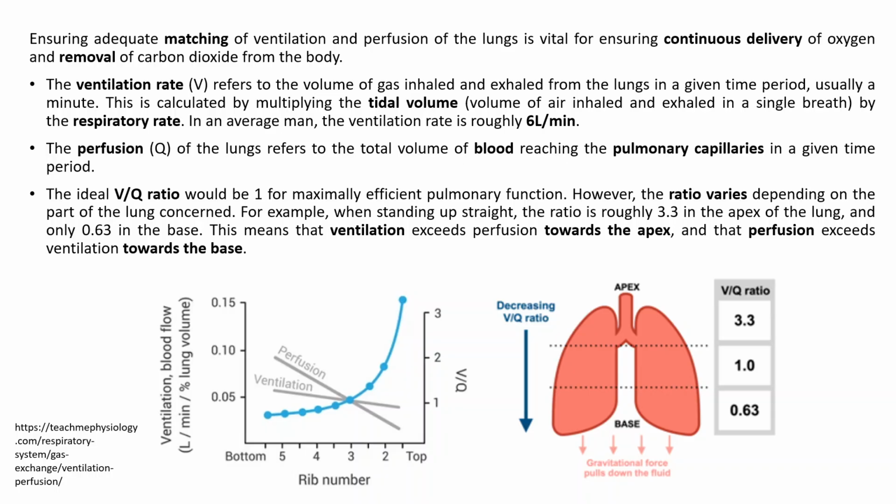To ensure adequate matching of ventilation and perfusion of the lungs, there has to be a match, and when this matching takes place, it allows the continuous delivery of oxygen and removal of carbon dioxide from the body, right?